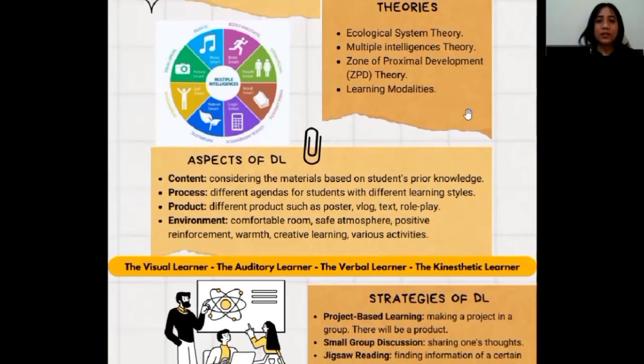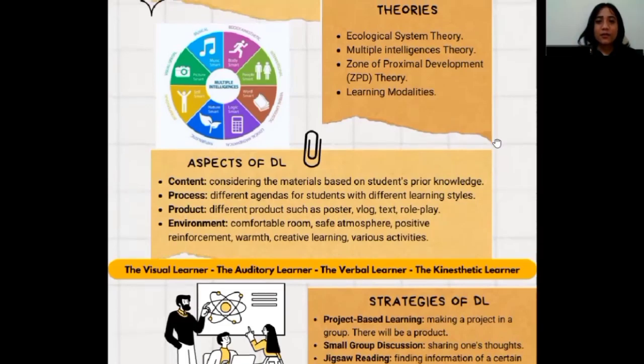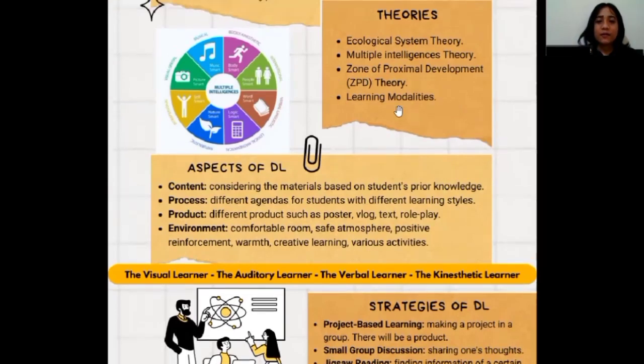And then the last one is learning modality theory. In this theory, there are four major learning styles. The first one is visual. It means that a visual learner will learn best through pictures, drawings, or graphics.